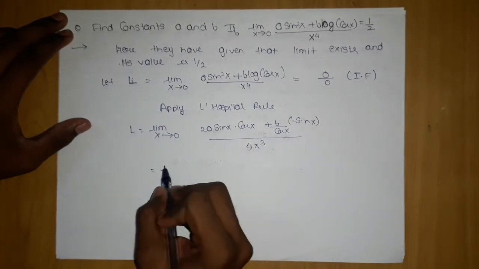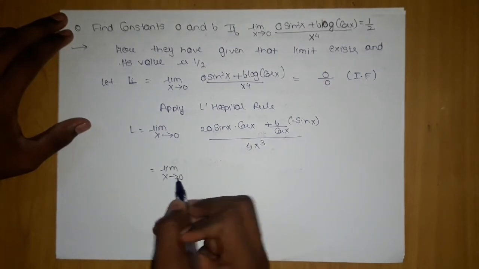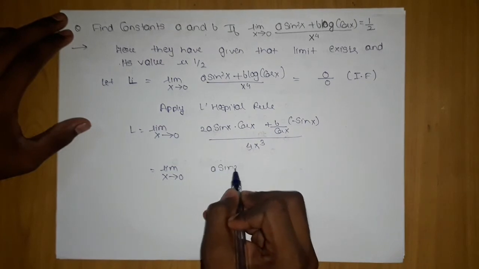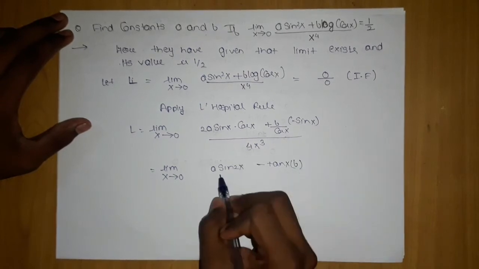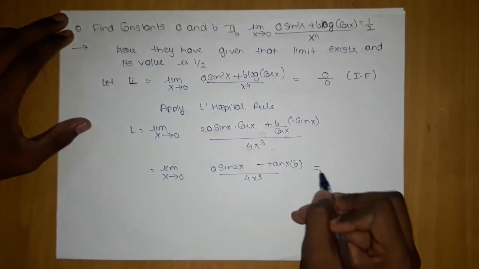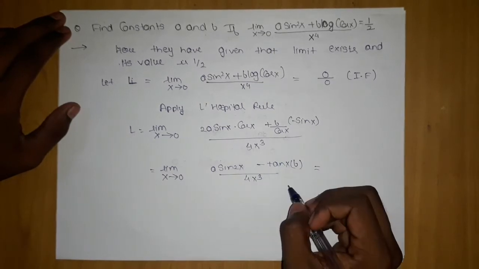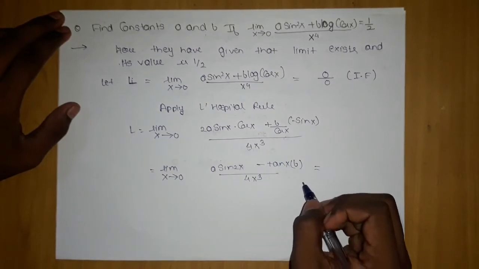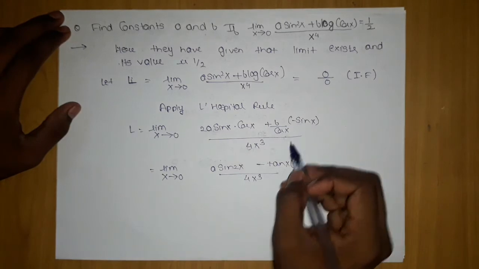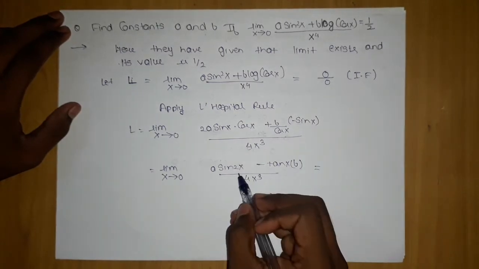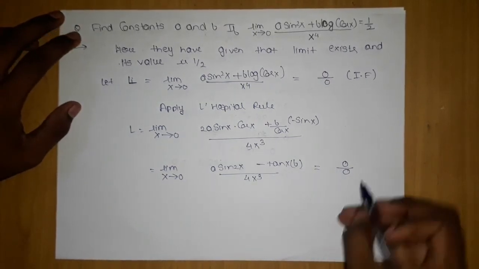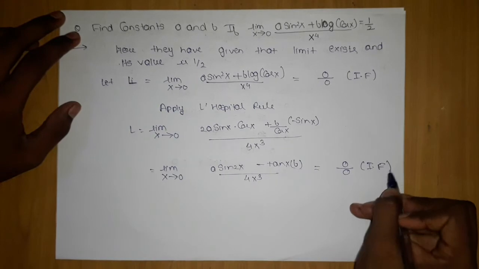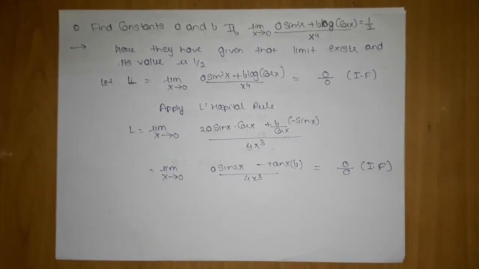If we simplify this, we get a sin 2x minus b tan x. Substitute the value, you will get this value 0, sin 0 cos 0, this will become 0, this will be 0, so we are again getting 0 by 0, which is the indeterminate form, right? So we will apply L'Hopital's rule again.